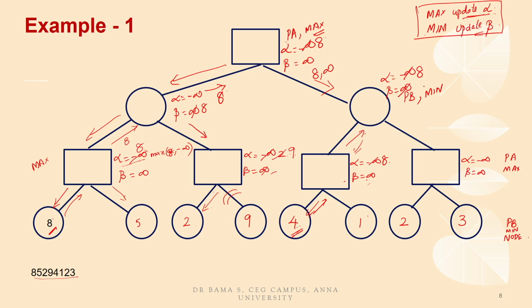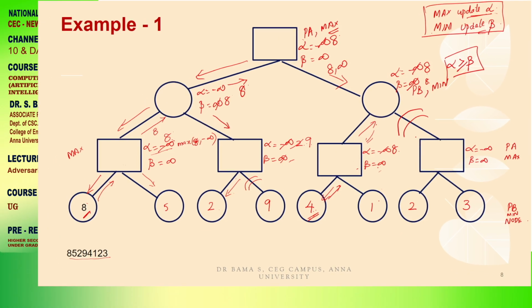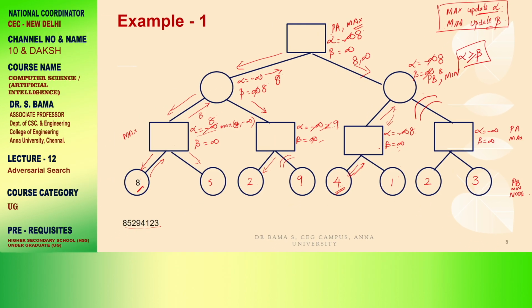And at this point if you see, 8 is greater than or equal to 8, in the algorithm it should be alpha is greater than or equal to beta. So, this 8 will always be equal to 8. So, we can prune this part of the tree, which means in the search I need to consider only this part of this tree.